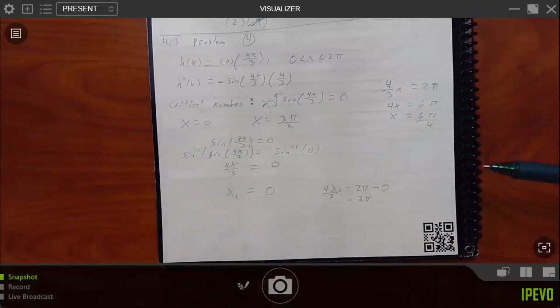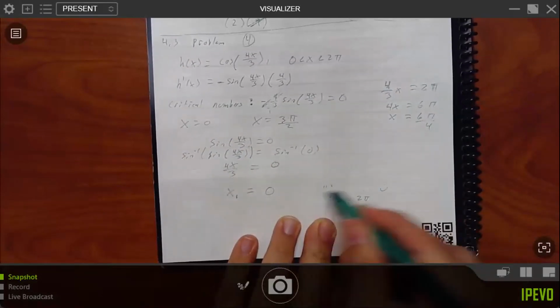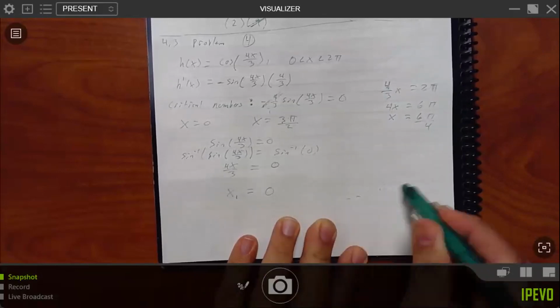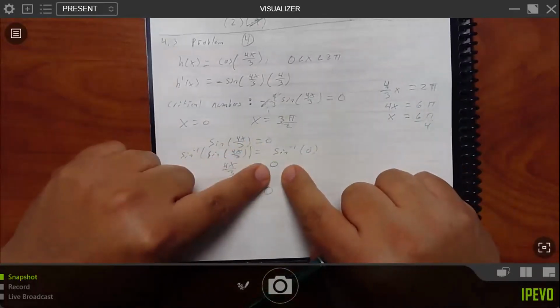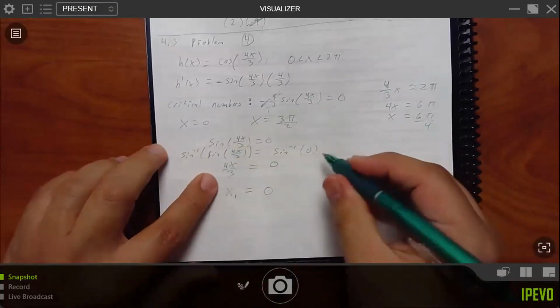Oh, okay. So basically you're wanting it to equal the limits, for both of the limits basically. Yeah, so I guess it might make more sense to say, you know what? Once I cancel it, on the calculator, this is only going to give me 0. But I know there's another one.